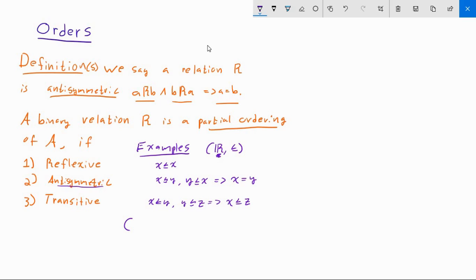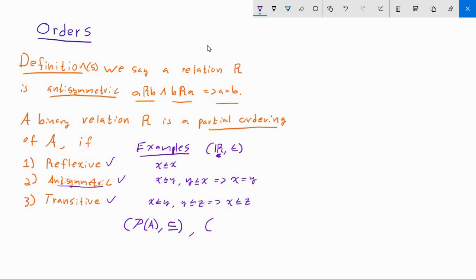As another example, for some set A, we could consider the power set of A. And in this case, one can set up the subset relation describing subsets. And thus we find that subsets also obey the properties of reflexivity, anti-symmetry, and transitivity.